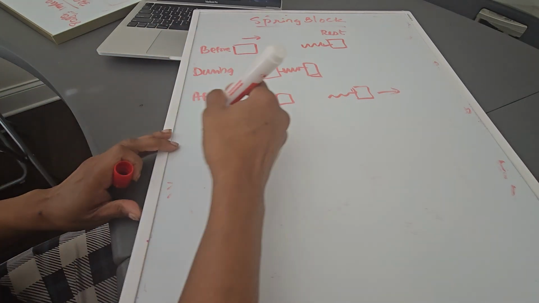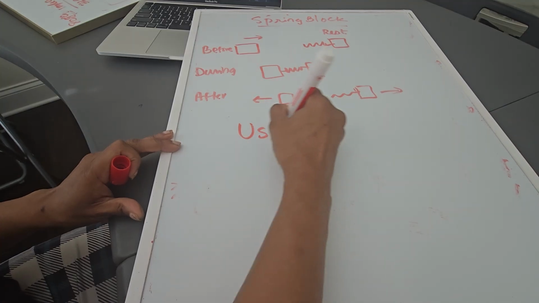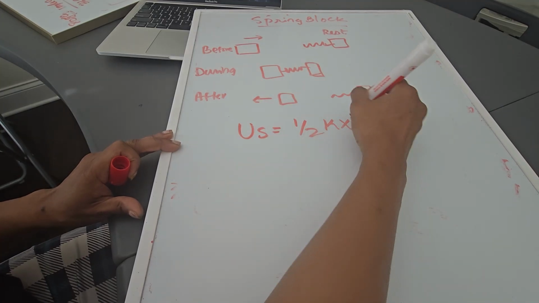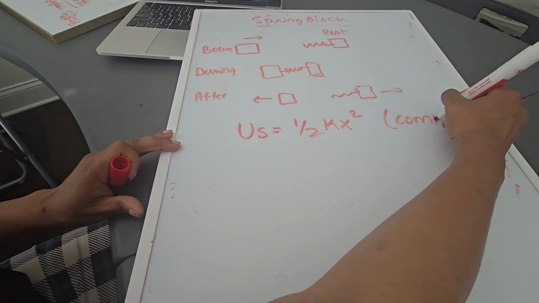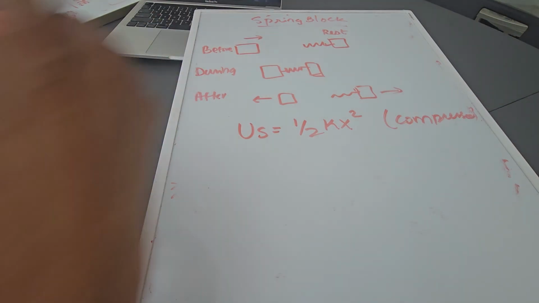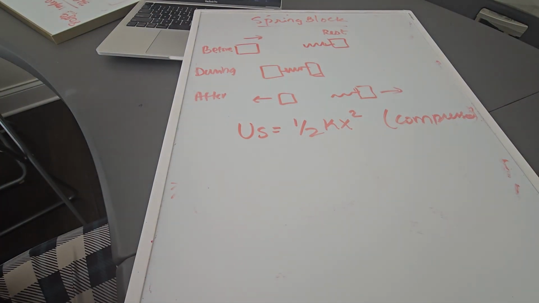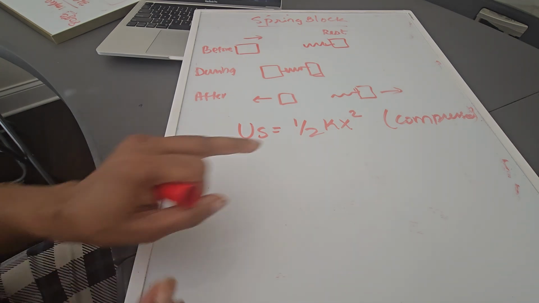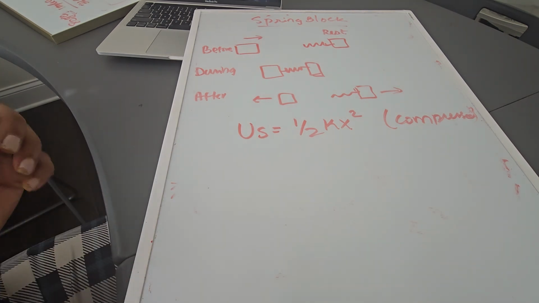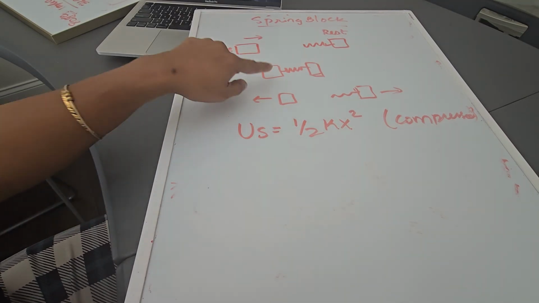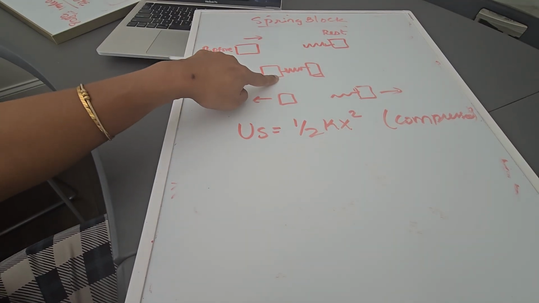Keep in mind the spring will have spring potential energy 1/2 kx squared only when it is compressed. When it's relaxed or stretched back, there is none, because that energy is given to move the block, which means it's converted to kinetic energy once it's released. So this is only present in the compressed situation.